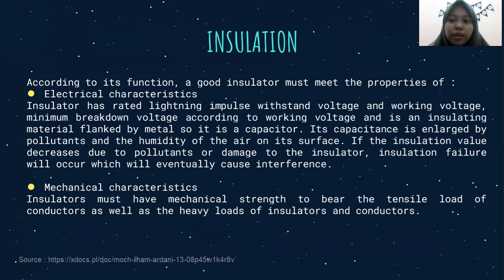If the insulation value decreases due to pollutants or damage to the insulator, insulation failure will occur, which will eventually cause interference. And mechanical characteristic: the insulator must have mechanical strength to bear the tensile load of the conductor as well as the heavy loads of the insulator and conductors.